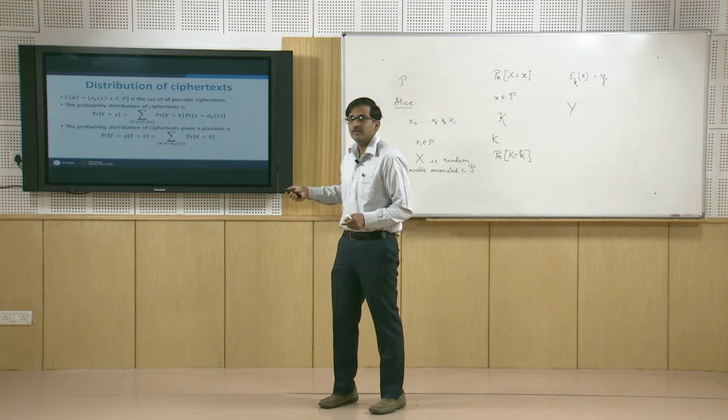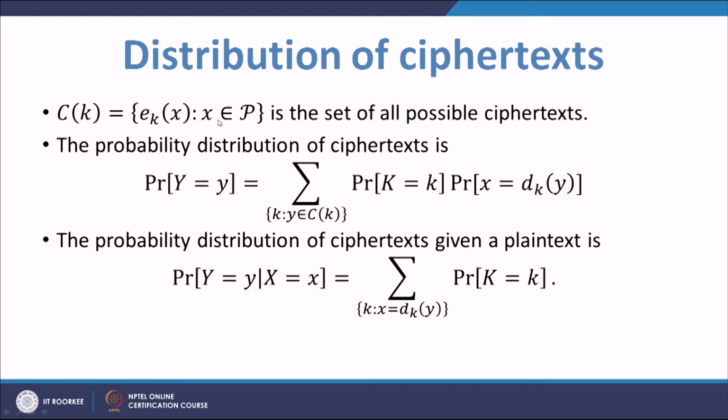Let me explain that to you. First of all, we have to consider a set C_k, which is E_k(x), where x runs over the set of plain text. This is the set of all possible ciphertexts given a key k.